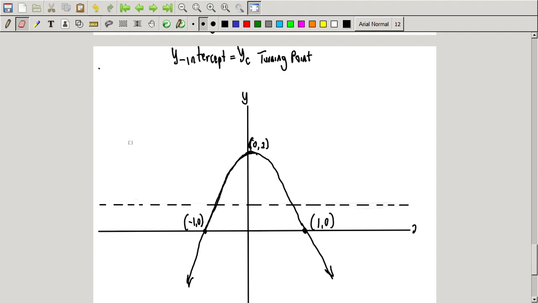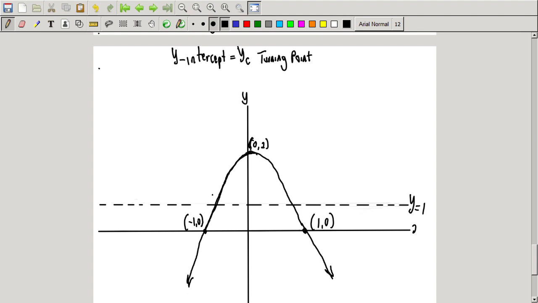Nice one. So here is where y is equal to 1. So now you see why we don't have an x-intercept, because the function doesn't come across this line.